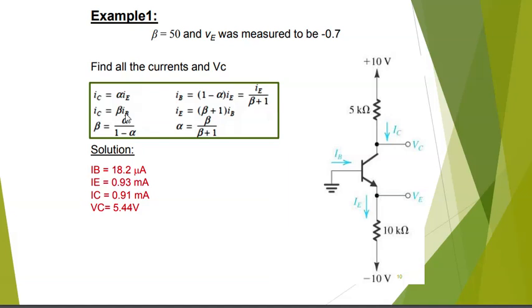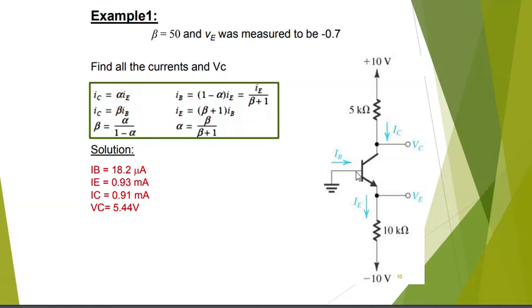In the active mode of the transistor, you give a small current in the base, and this small current in the base will create a current in the collector and emitter which is almost beta times that current. But sometimes something happens that takes this transistor into saturation.